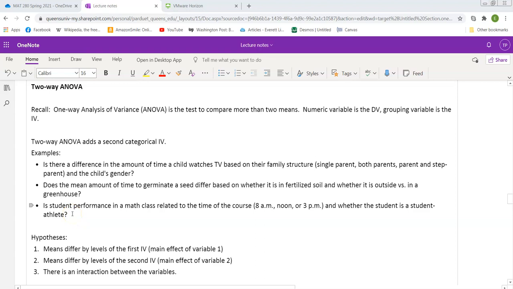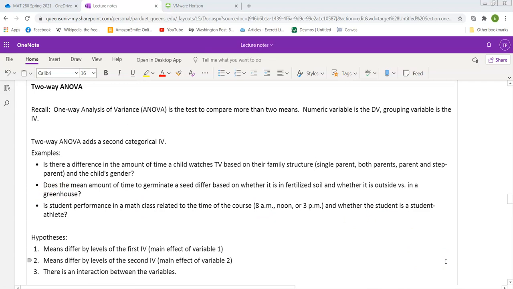Third one has two independent variables, two factors. The time students take a math class, and there were three levels, so 8 a.m., noon, or 3 p.m., and then whether the student is a student athlete. And that would be two levels, yes or no.